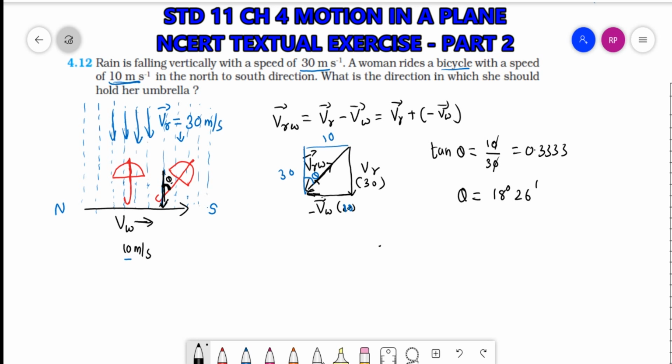Okay, so the woman must hold the umbrella towards the south. See, it is tilting towards south.